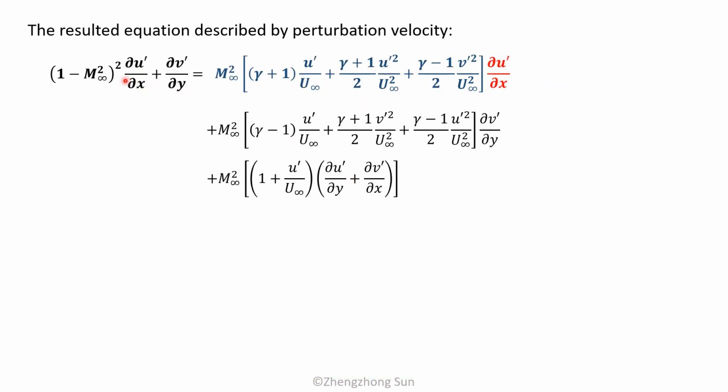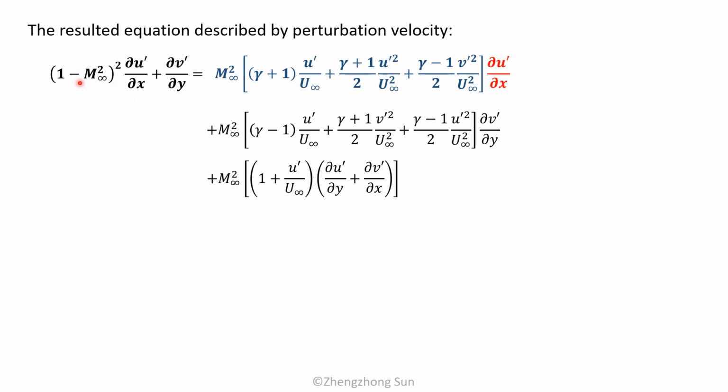Okay, so what we can do is just plug the perturbation velocity potential into the governing equation. We will have this part. The left-hand side of the simplified equation is quite neat. The first one, partial phi prime partial x, is the second derivative of partial phi partial x.